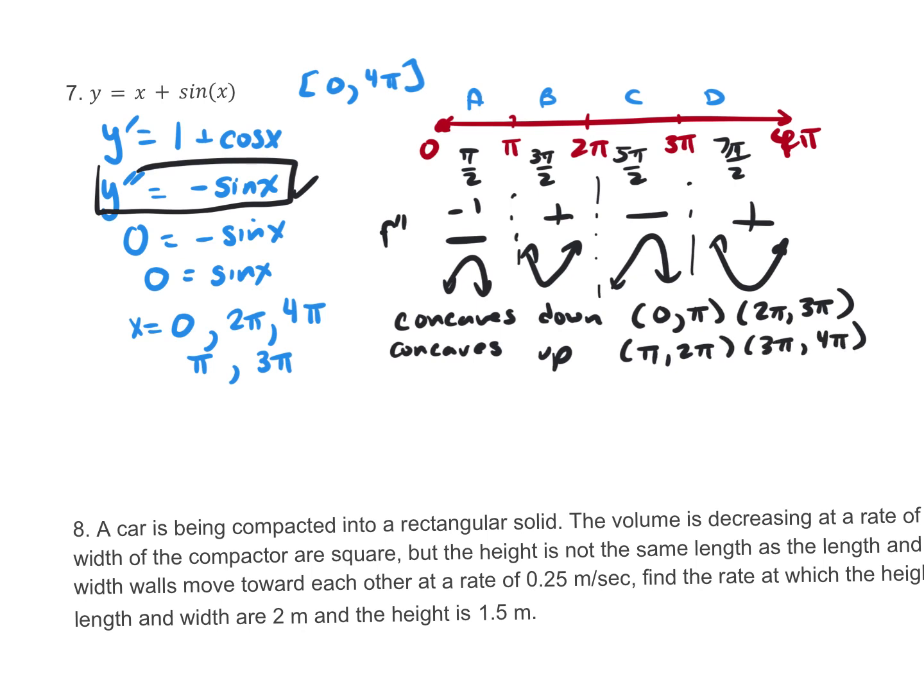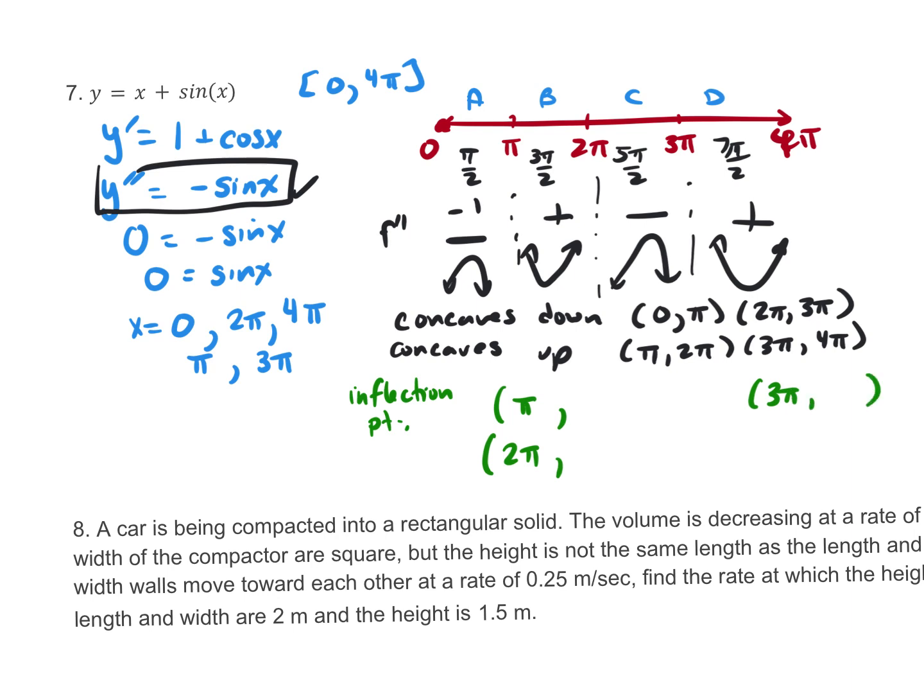Now, anywhere the concavity changes, you're going to have an inflection point. So we have lots of inflection points in this case. So we'll have an inflection point at pi, at 2 pi, and at 3 pi.